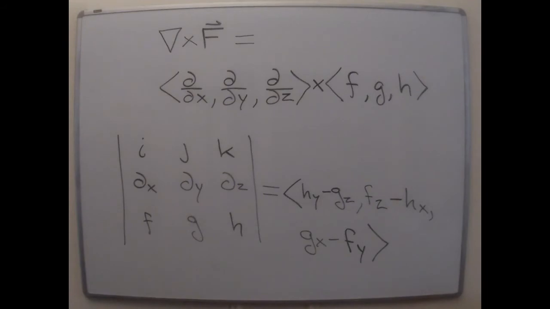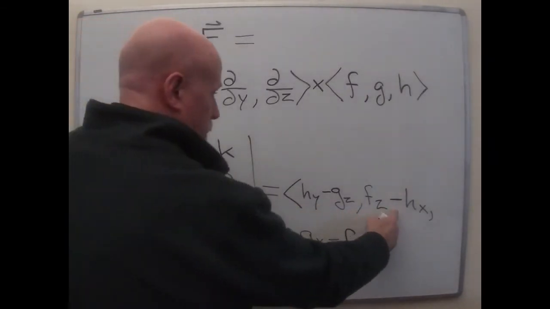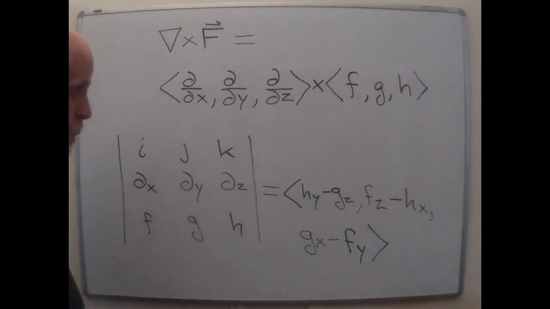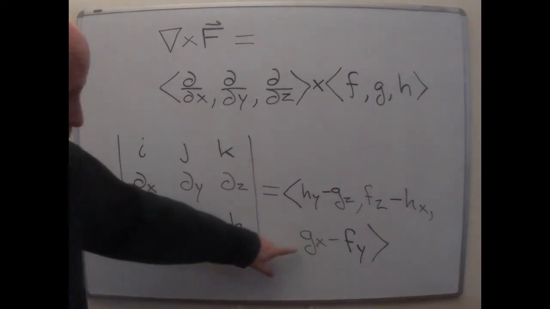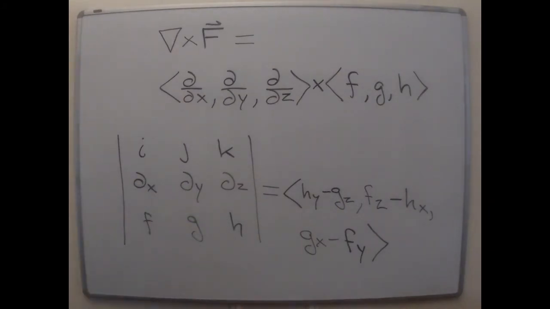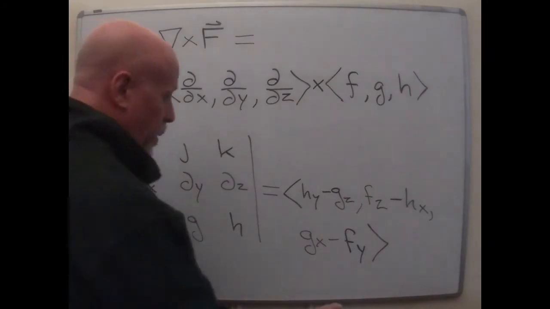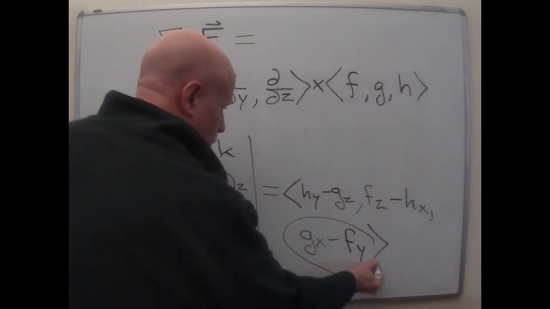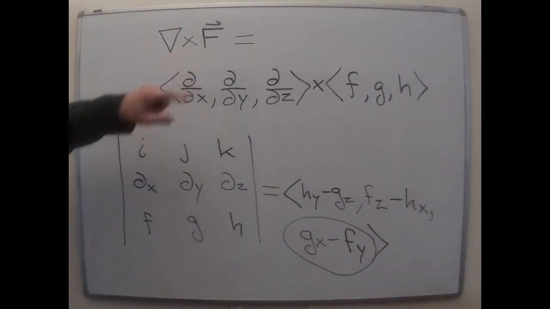And I don't know if you'll recognize it here, but if we're in the situation where the flow is really two-dimensional, it turns out this one and this one become 0. And the only thing that survives is g sub x minus f sub y, the z component of this calculation, del cross f.